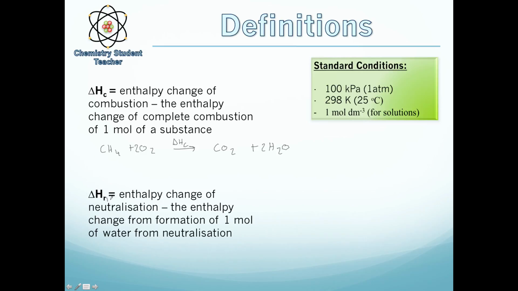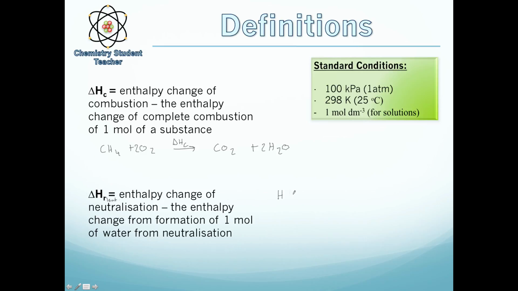So neutralization is the enthalpy change from formation of 1 mole of water from neutralization. So when 1 mole of water is created from a neutralization reaction, which, as we may know, is an acid and an alkali.